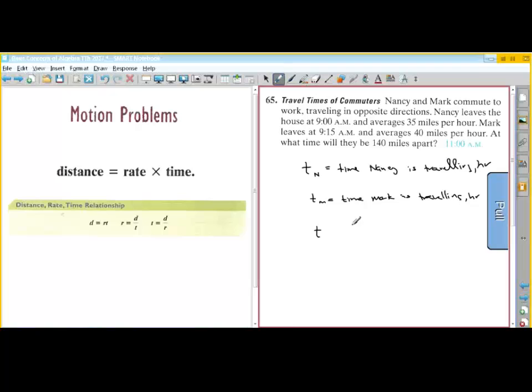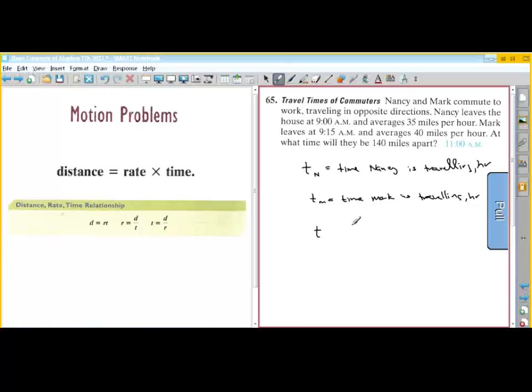So looking at the problem, who is going to be traveling for a longer period of time? Nancy or Mark? Because they're saying at what time, the final time is the same between the two. Nancy, because she's leaving earlier, right?